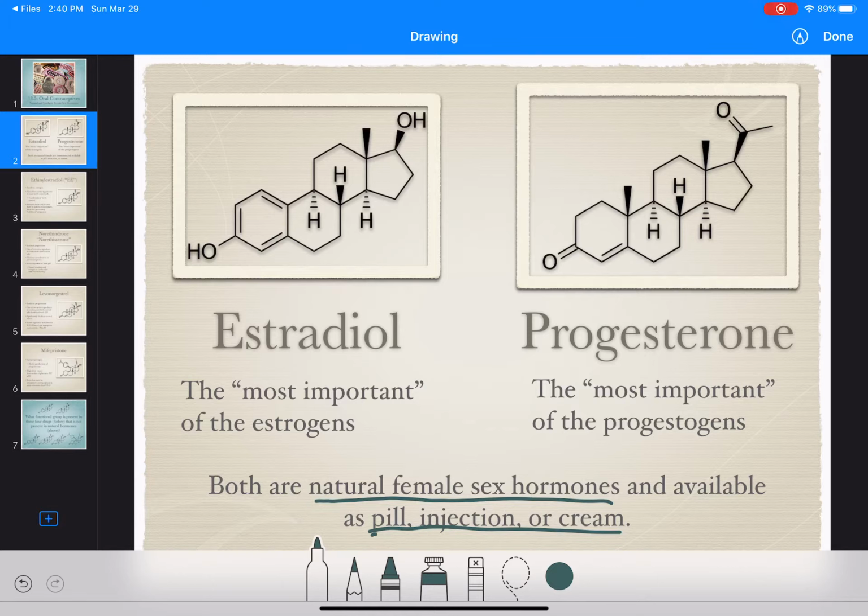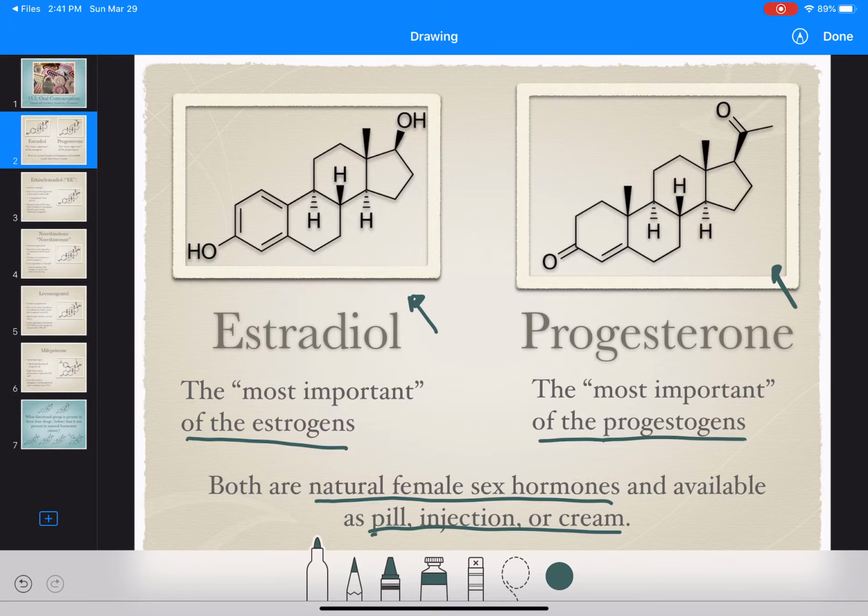The structure on the left-hand side, estradiol, out of all of the estrogens in our body, we consider to be the most significant, the most prevalent, most important. And then the structure on the right is progesterone, which similarly is the most important of all of the progestogens. And again, these are two hormones that our bodies just produce naturally.